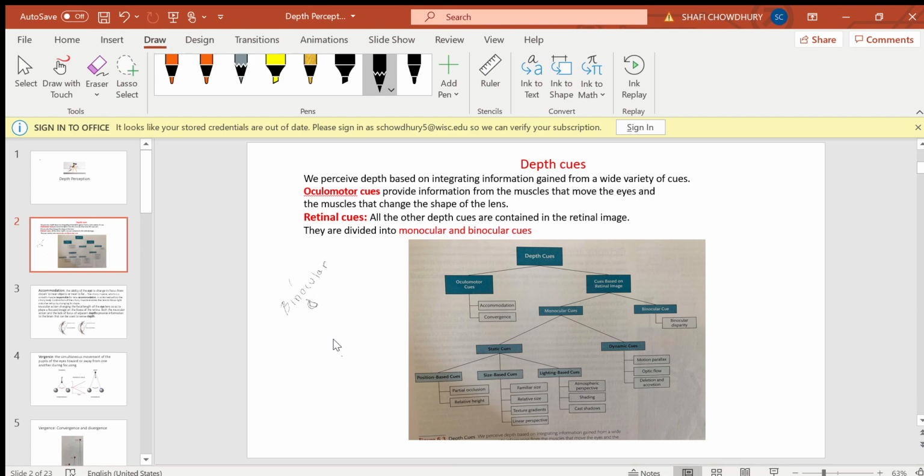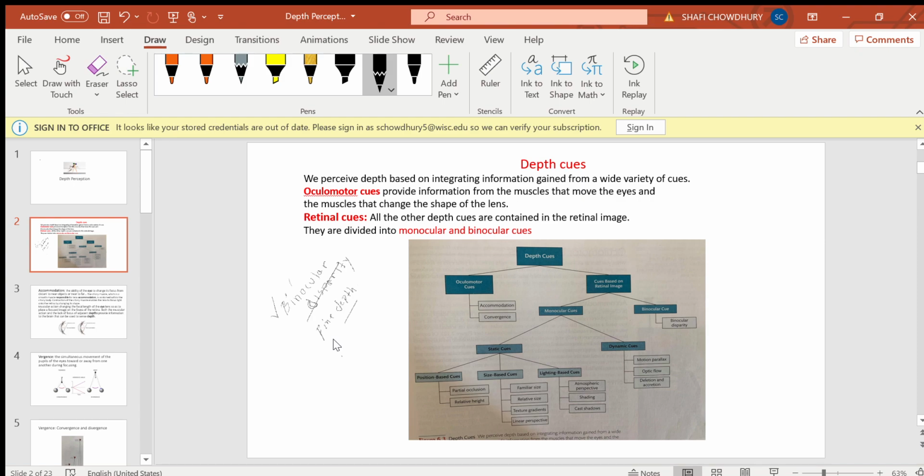disparity. Yes, the writing is not very good. So binocular disparity is a binocular cue that gives the brain the perception of fine depth discrimination, particularly fine depth perception needs both your eyes.